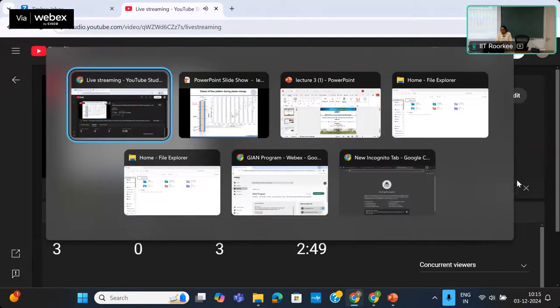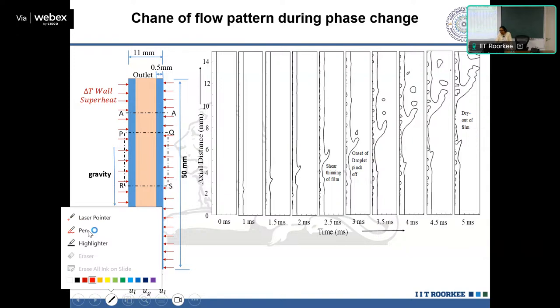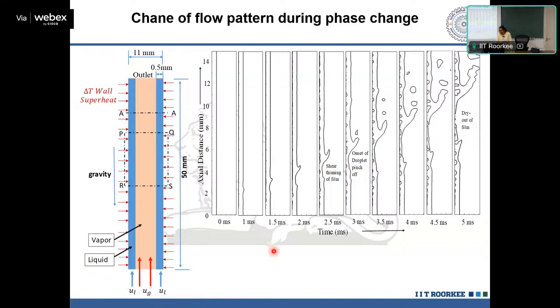gradually we could see some disturbance waves at the interface and certain nucleation sites at the wall, because the wall is heated. You could see some vapor bubbles generating underneath this liquid film. This is an axisymmetric interpretation. The liquid film is also not stable. It is facing some kind of shearing action, gradually some disturbance waves are generated, and some pinching of drops happens.